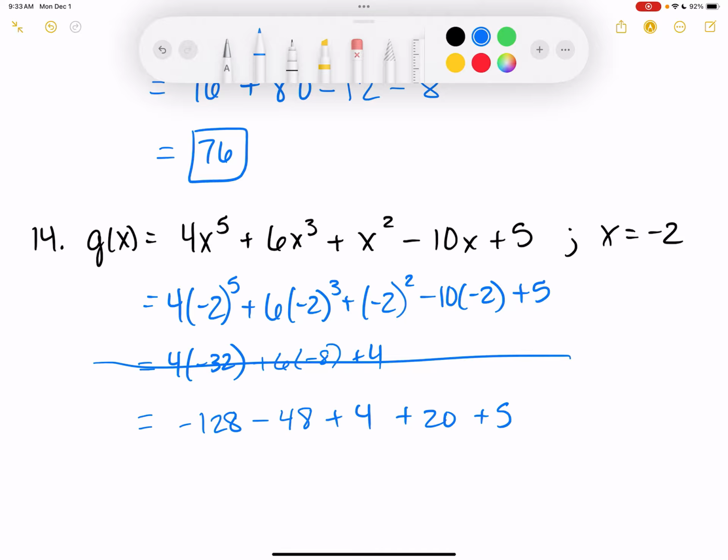So then negative 176, plus 25. Negative 147.